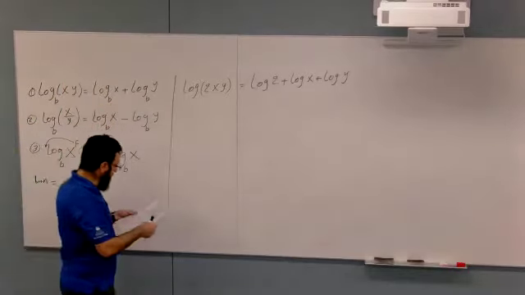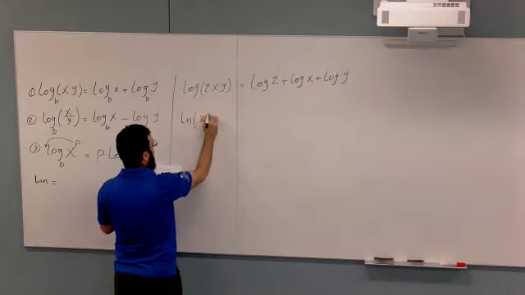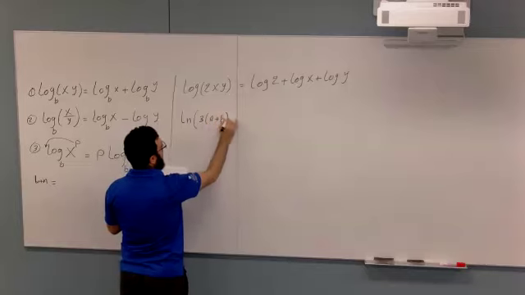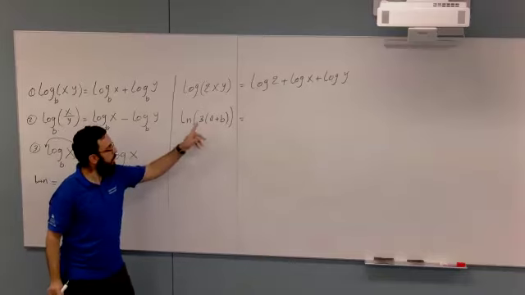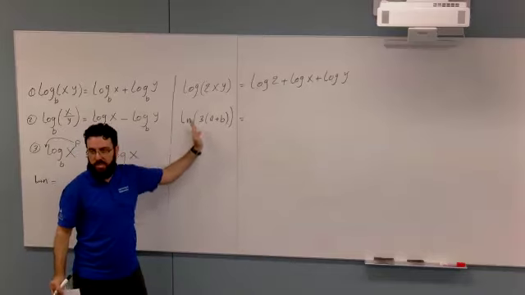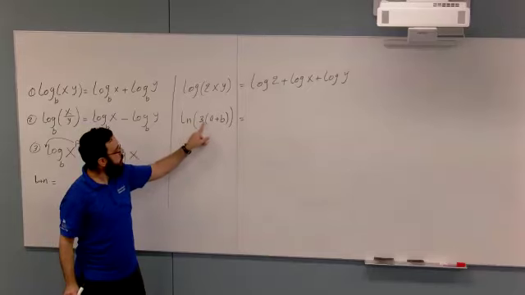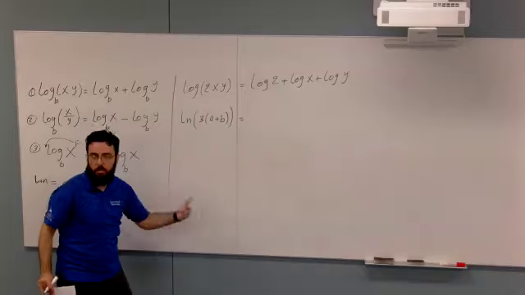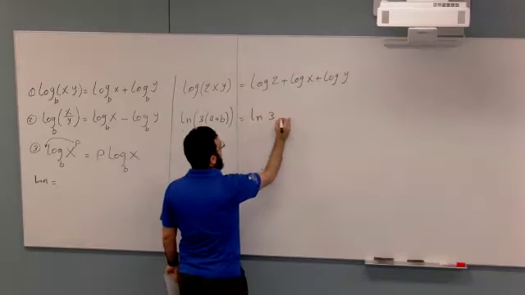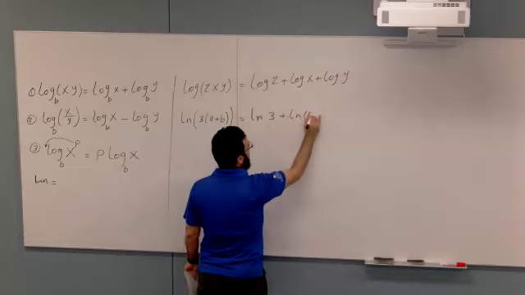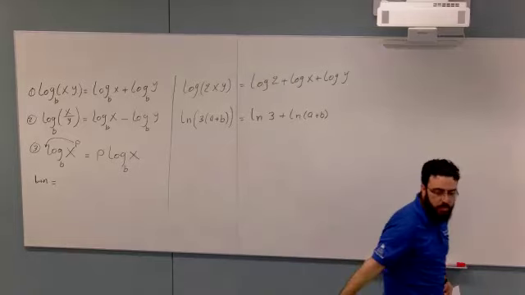So now with the next example, we have ln 3 and a plus b. We don't have to distribute. What's the operation between 3 and the parentheses? Multiply. So can I say it's ln of 3 plus ln of a plus b? Is that okay? Yes.